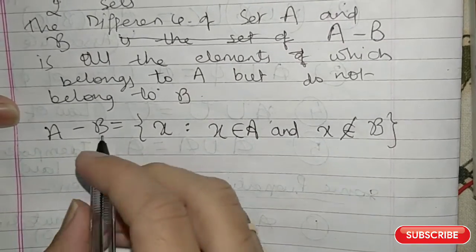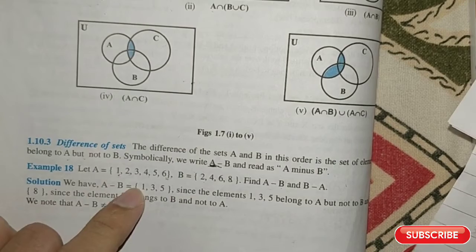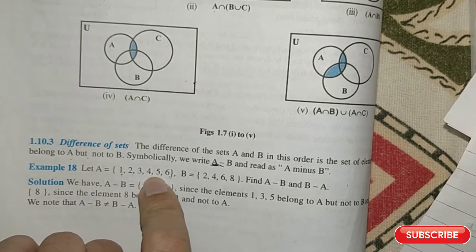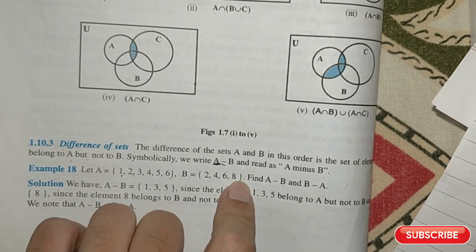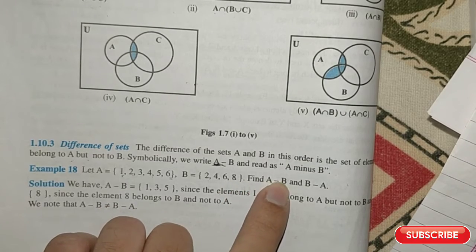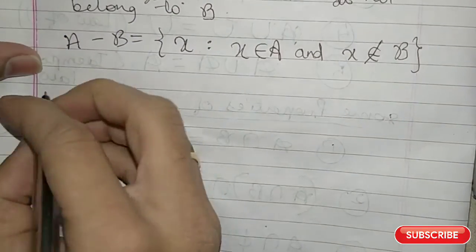So let us take one example. Here we are given an example: A equal to {1, 2, 3, 4, 5, 6} and B equal to {2, 4, 6, 8}. Find A minus B and B minus A. That is example number 18.